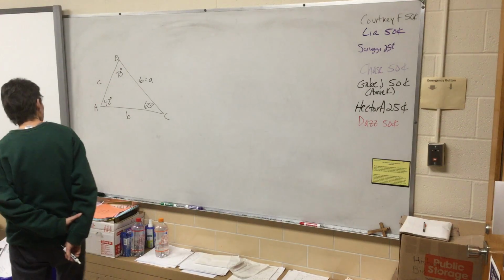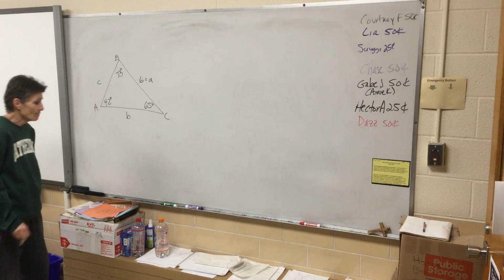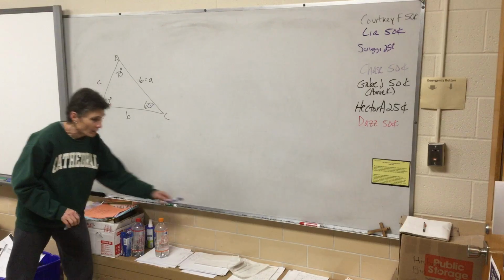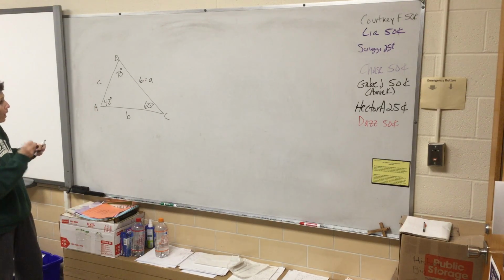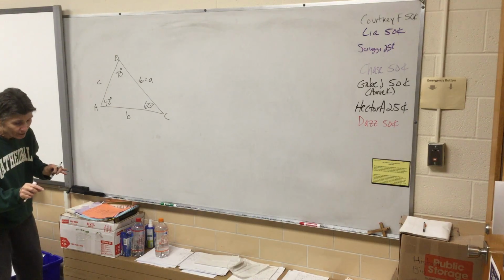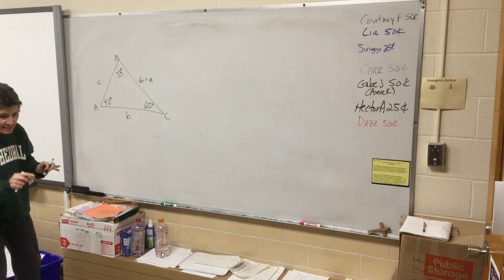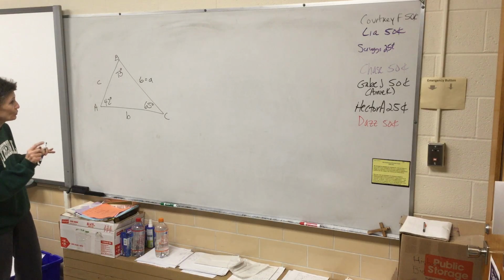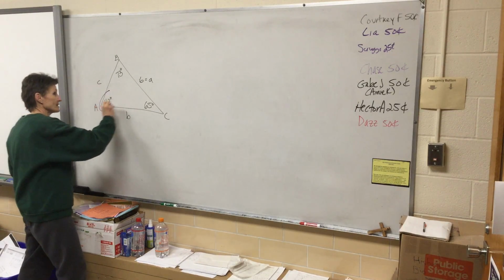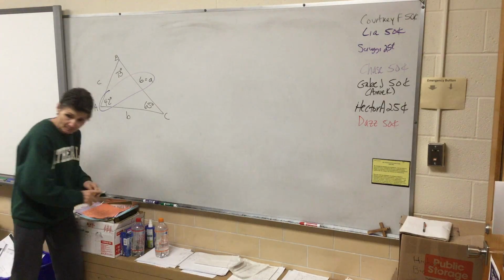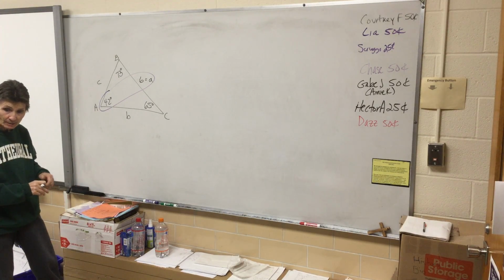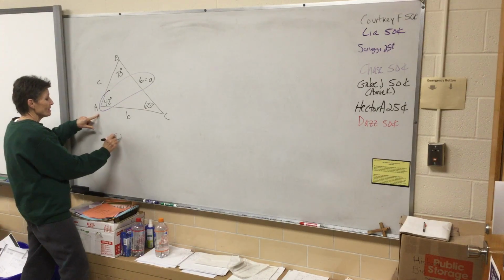And the way the law of sines works is, remember, the first thing you want to do is look at your situation. What pair, A and A, B and B, C and C, what pair do we have? It looks like we have that pair right there. Would you agree? We have A and A, angle A and side A. So that's what we start with.